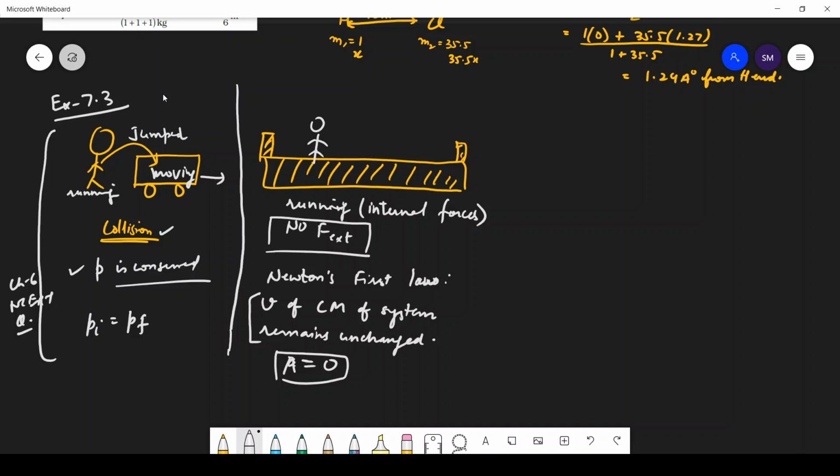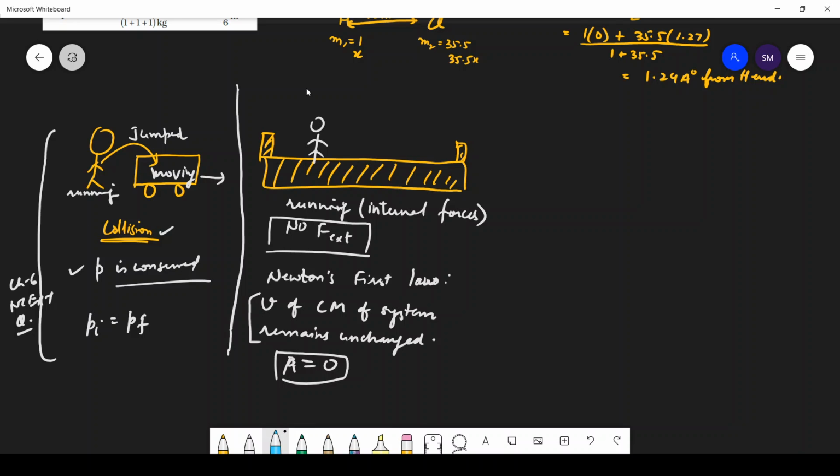Now this is our example 7.3, so it is not related to this. Example 7.3 has no connection with this, so don't get confused. I was just discussing that this is an important case, when the child jumped into the trolley, which is chapter 6.